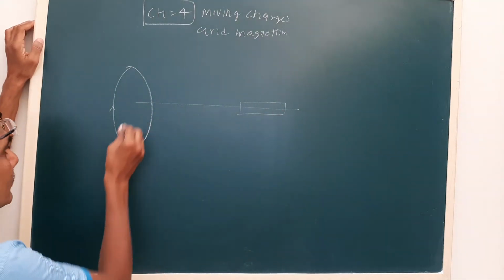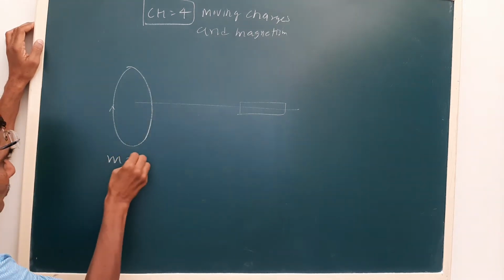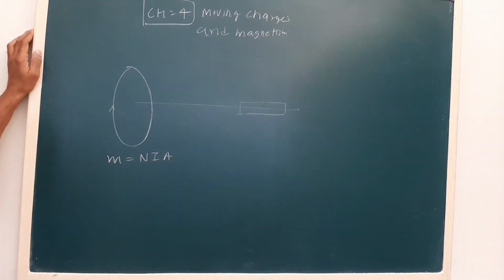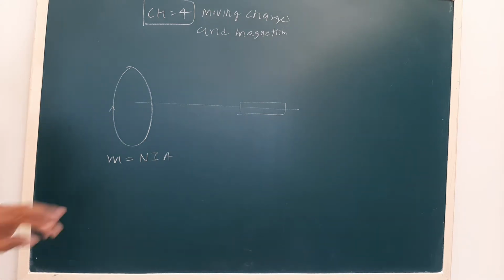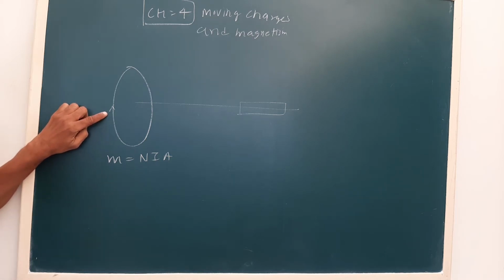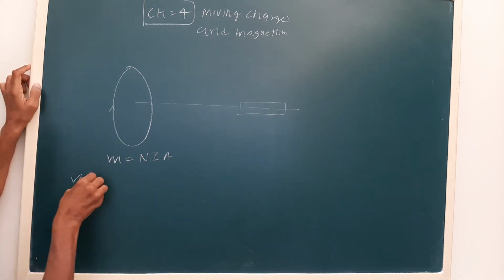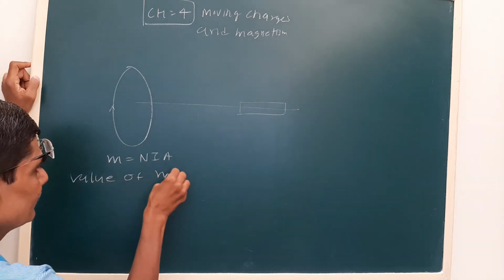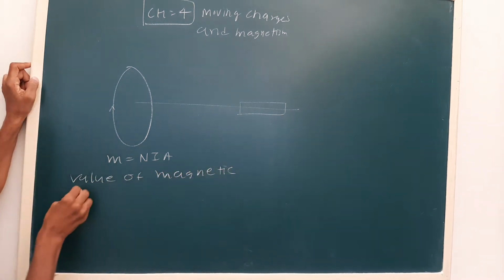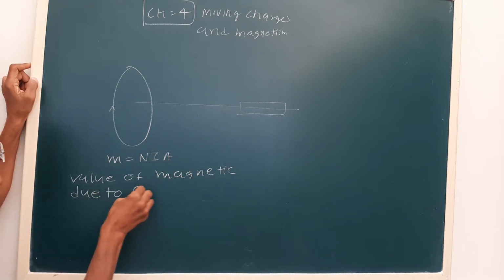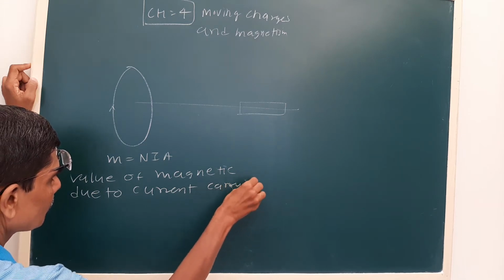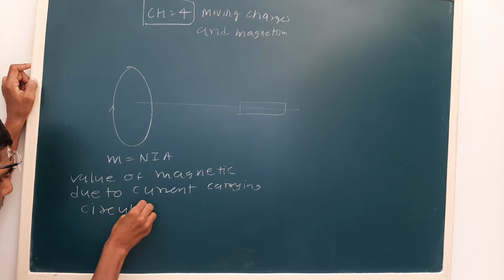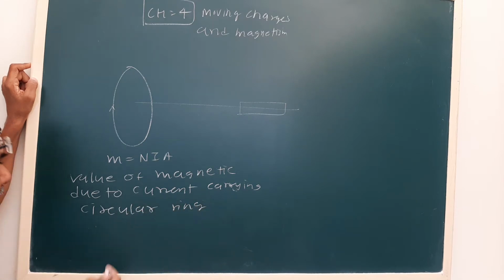Now see, for a current carrying circular loop the magnetic dipole moment is NIA. Now what is the formula of the magnetic field due to a current carrying circular ring? The value of the magnetic field due to current, if there is only one turn, we can say that also, it is fine.